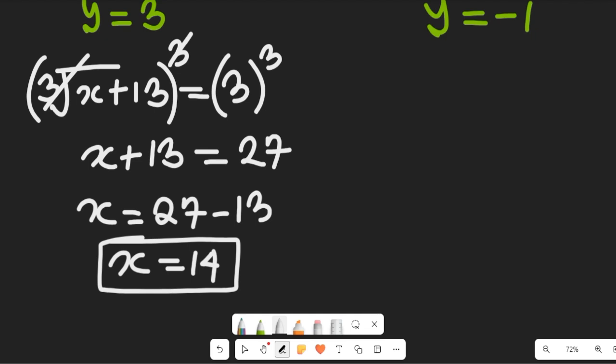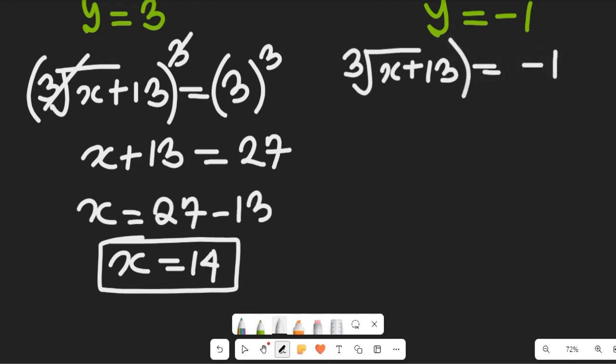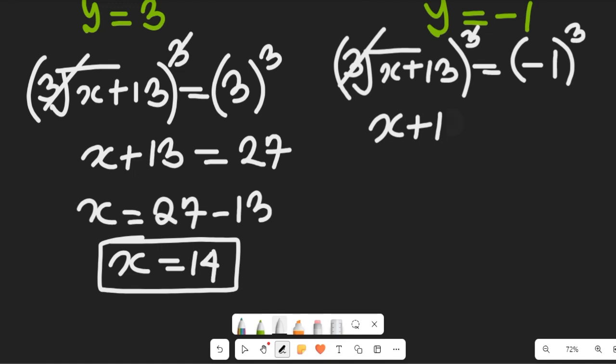Now on this other hand, we're going to have the cube root of x plus 13 to be equal to -1. Now if we take the cube root of both sides, the cube root will cancel the cube, and then we'll have x plus 13 to be equal to, since the exponent is an odd number, this will remain negative.